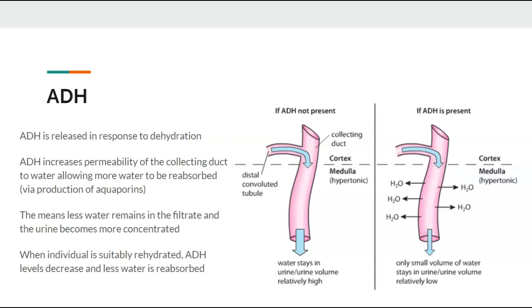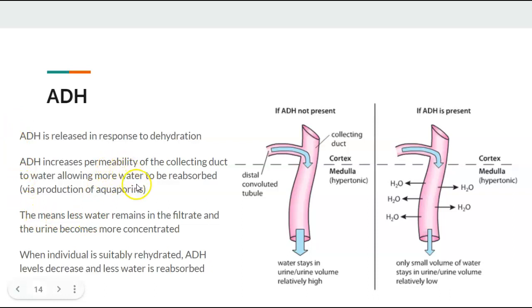ADH increases the permeability of the collecting duct so that more water can be absorbed. This is like if you didn't drink water all day, your body would start producing ADH so that whatever water you still have in your body gets reabsorbed so that your body doesn't go into death. The cells don't die because there's no water, right?